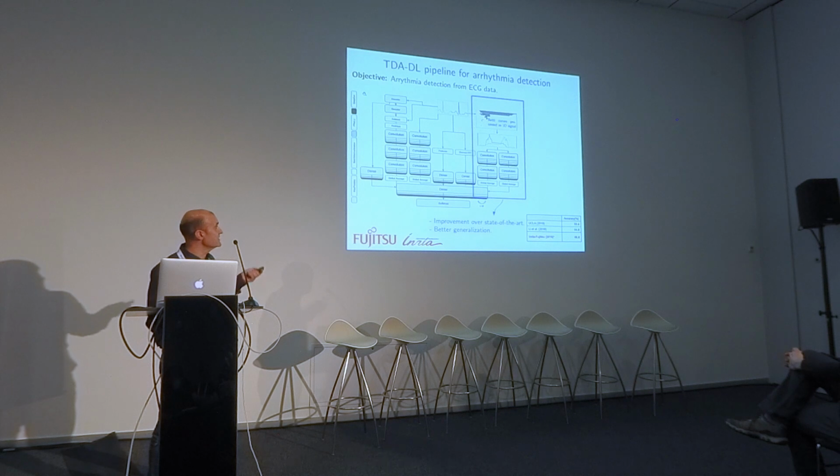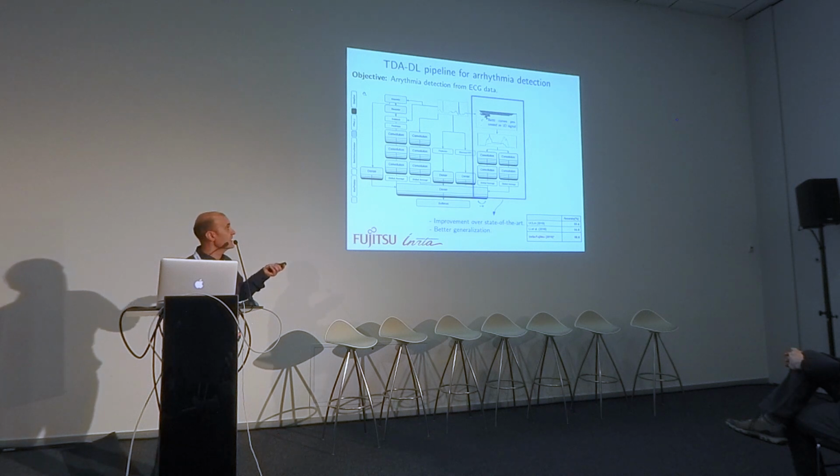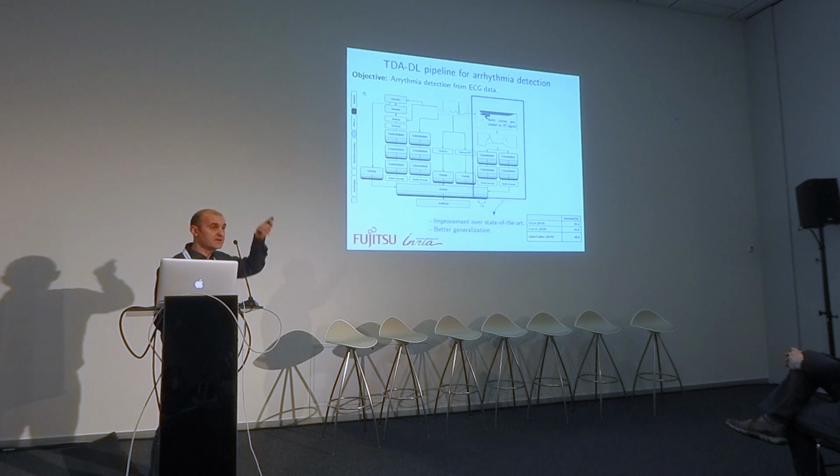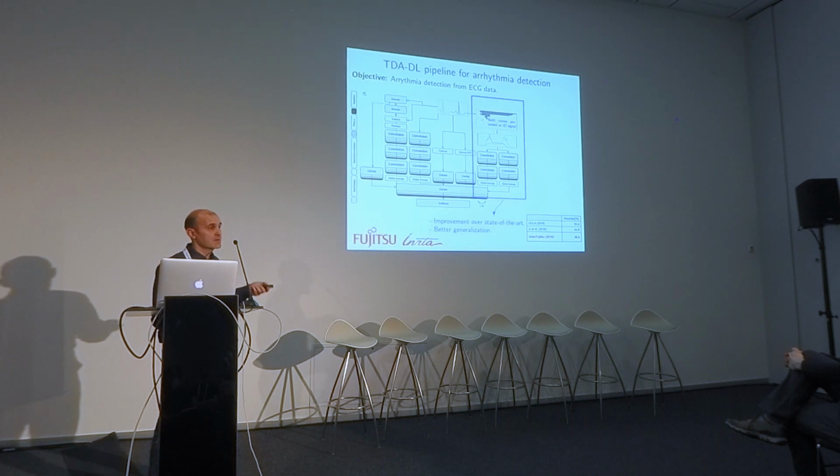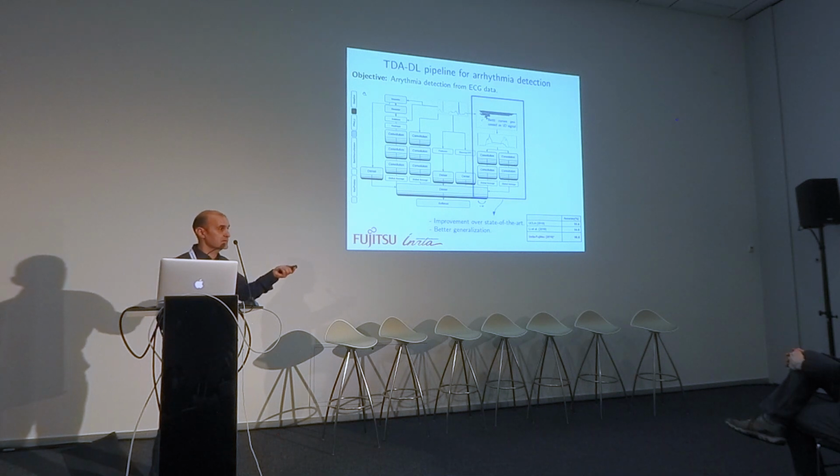The way we did it again was first using standard techniques based on a convolutional network, and then we added to our network a TDA channel that was relying this time on Betti curves, and we got a significant improvement. So that's a very nice result and a success for the industrial partner.